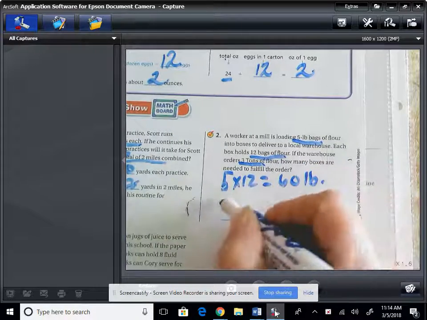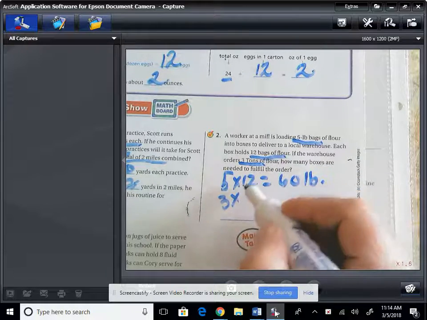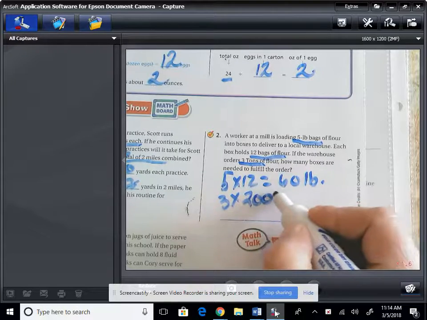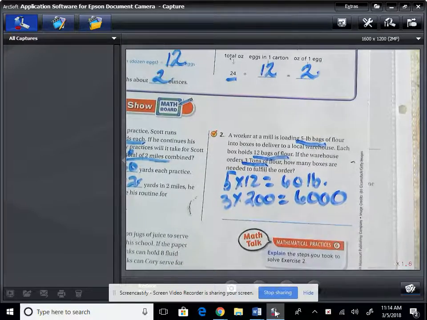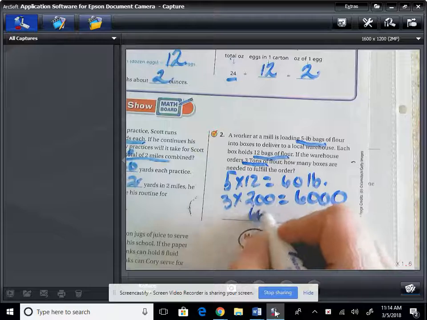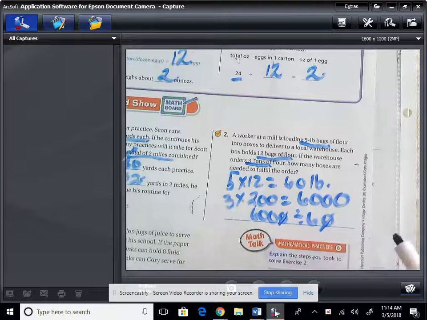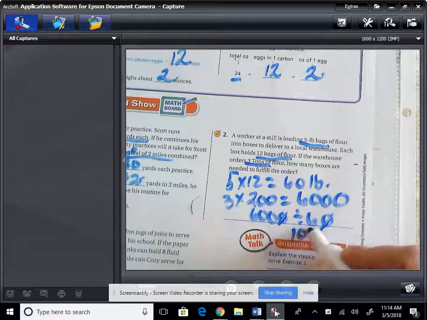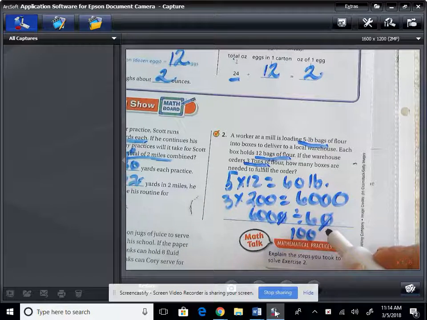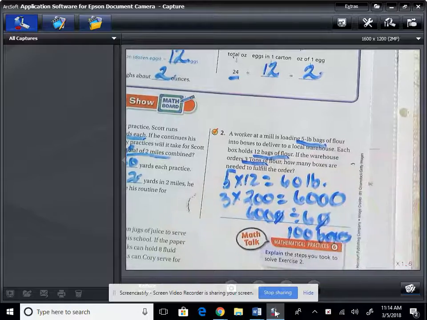If we have 3 tons, that's 3 times how many pounds are in a ton? 2,000. So then I have 6,000 pounds. Now I have to divide 6,000 by 60. If I cross off my 2 zeros, I know 600 divided by 6 is 100 boxes. So you've got to be careful not to miss a step.